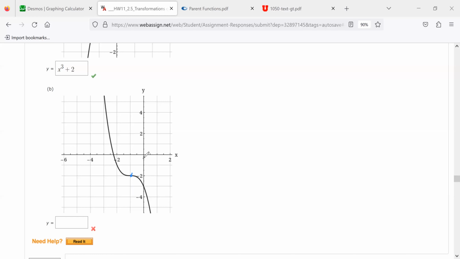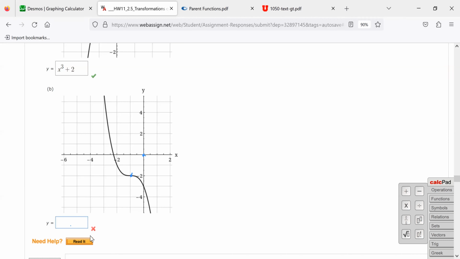The center was here. Yeah, for sure reflected on the y. So where does the negative go?